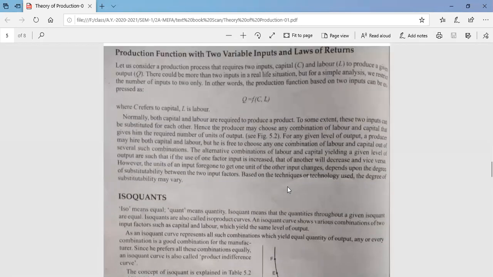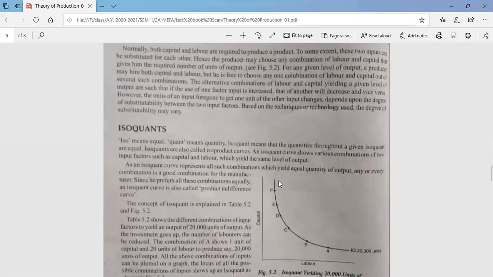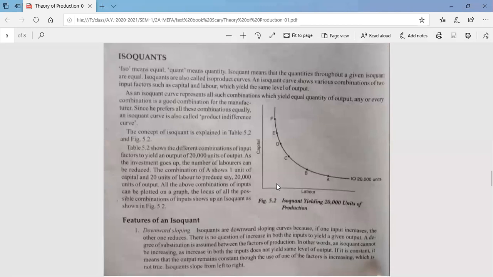In this two variable inputs and observing law of returns, first we have to see isoquants. Isoquants means iso means equal, quants means quantity. To produce the same quantity of output, we have different combinations of inputs.